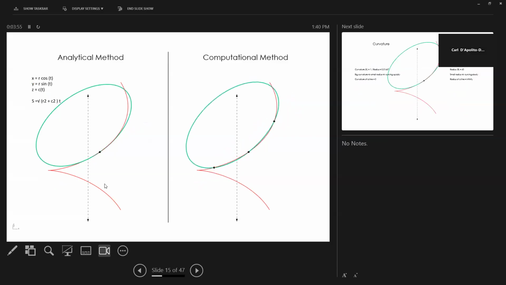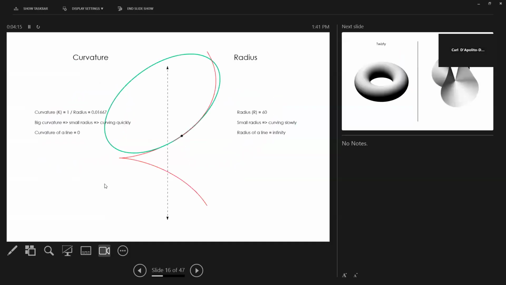The same is true for this idea of curvature. Basically taking 3 points along a curve, bringing them closer and closer together, and they converge to generate a circle. Or you could do it the analytic way. So this is computation, that's analytic. And then this idea of curvature is really just 1 divided by the radius.